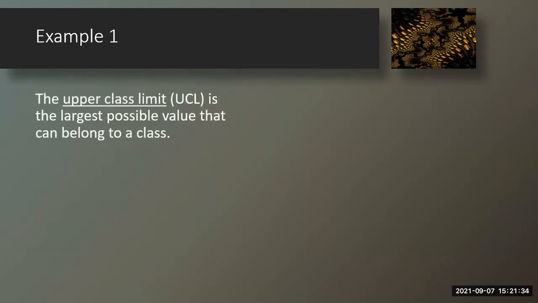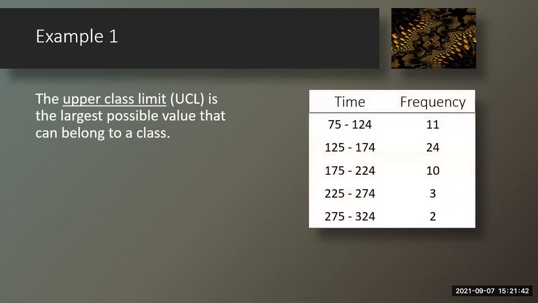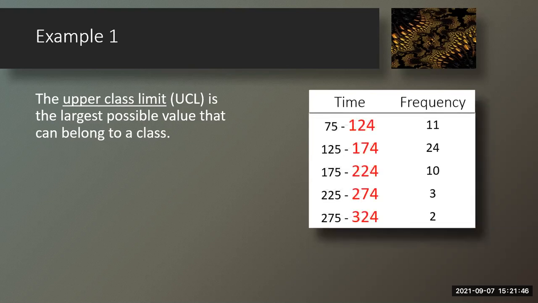Upper class limit. The upper class limit is the largest possible value that can belong to a class. Going back to our data, the largest possible value is found here in red: 124 seconds for the first class, 174, 224, 274, and 324 for the balance of classes there.